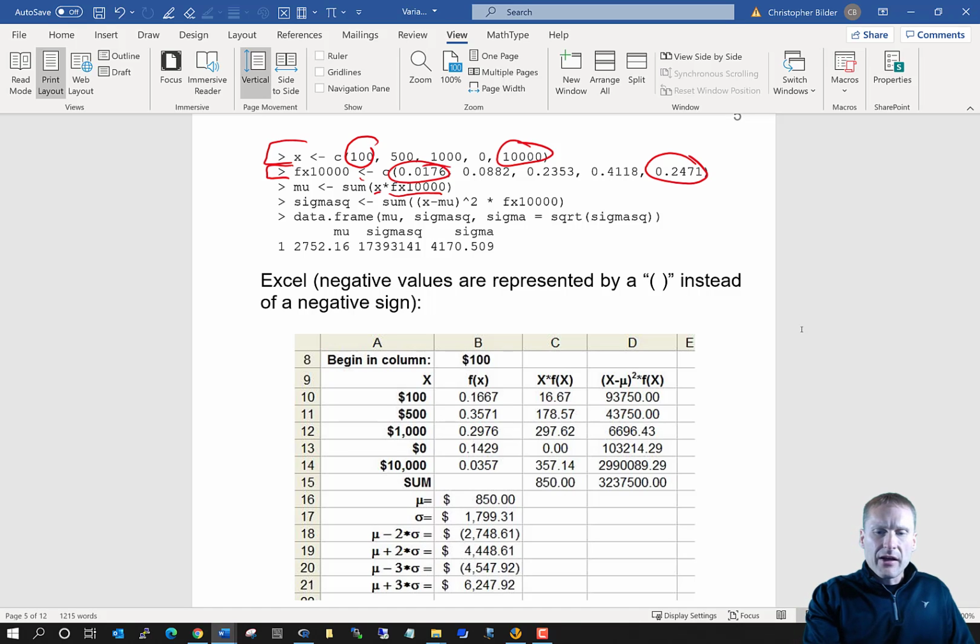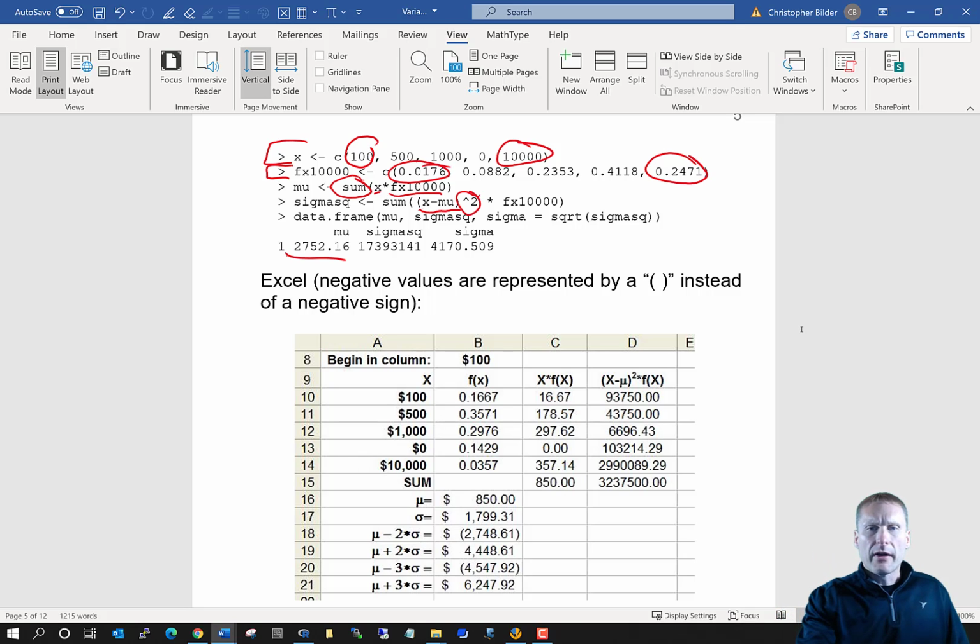If I sum all those potential values up, I get the mean, 2,752. And I'm sorry, I failed to mention this before. This is for now the $10,000 slot, meaning you're dropping it right in the middle of the board. Now, to find then the variance, sigma squared, I do exactly the same kind of thing. I take all my x's, I subtract off the mean for each of them, and it's going to do this element by element.